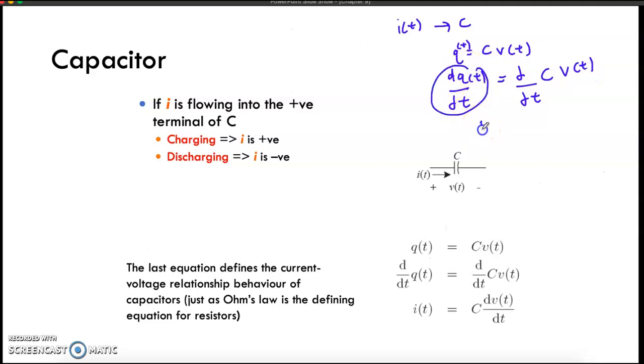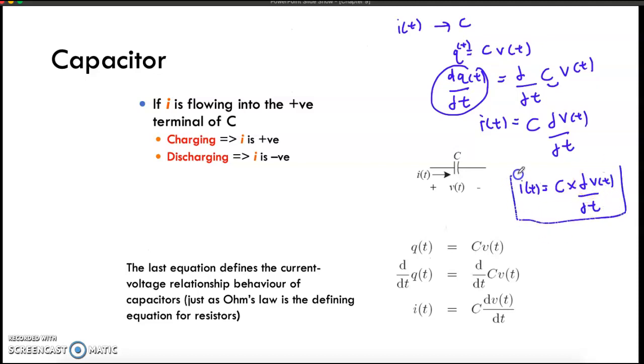This is the current i(t), right? i equals dQ over dt. C is a constant, so you take it out, and it becomes C dV over dt. So i equals the capacitance multiplied by the derivative of the voltage. This is how you get the relation between the current and the voltage in terms of capacitance.